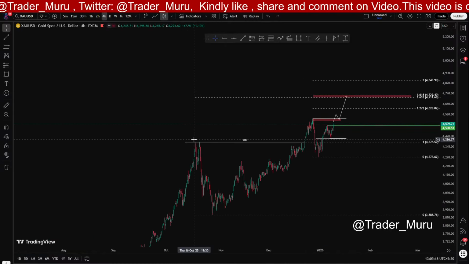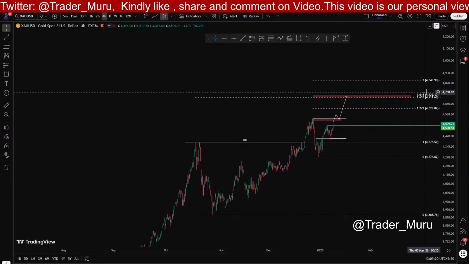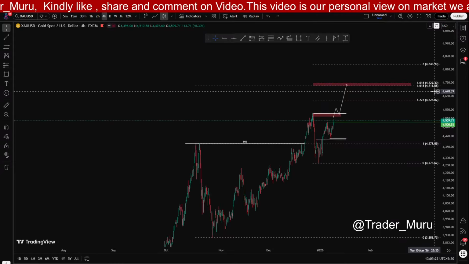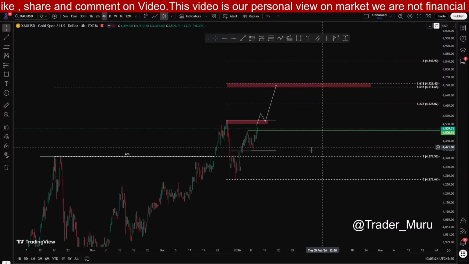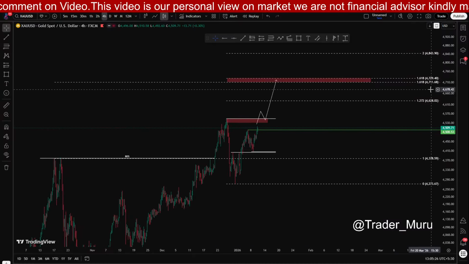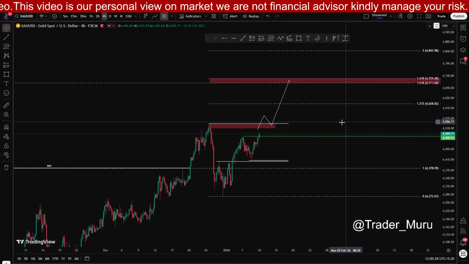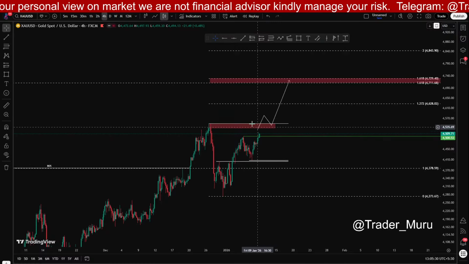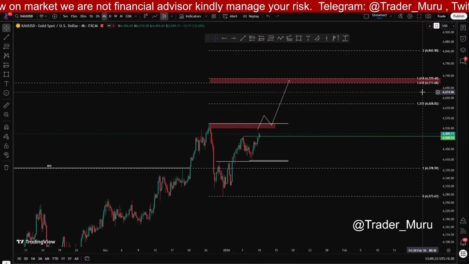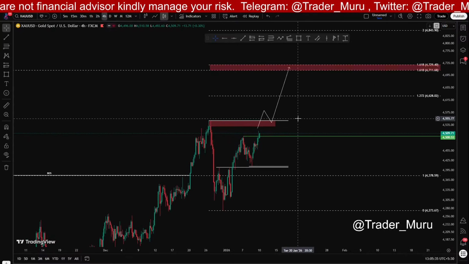See, for this wave the target is 4729, and for this wave the target is 4711. So I'm expecting the market to flip this area and test around these highs.